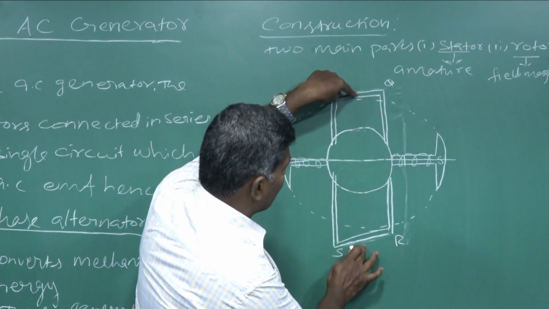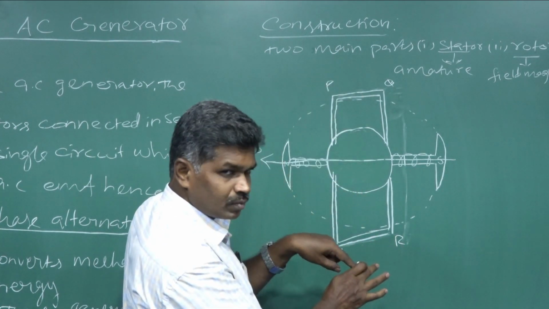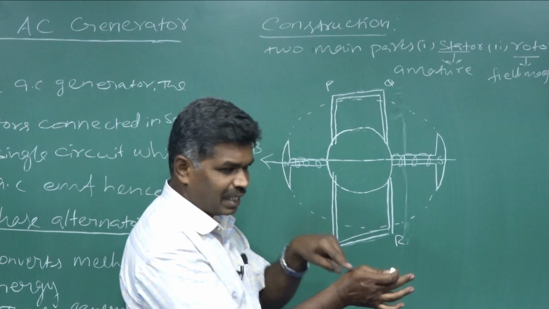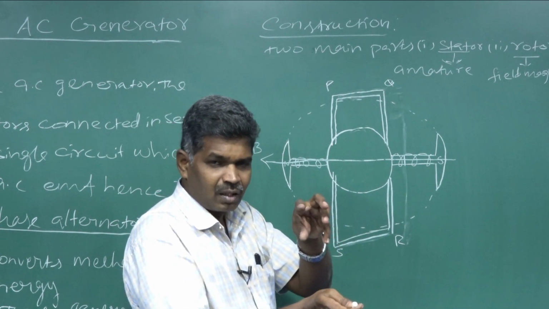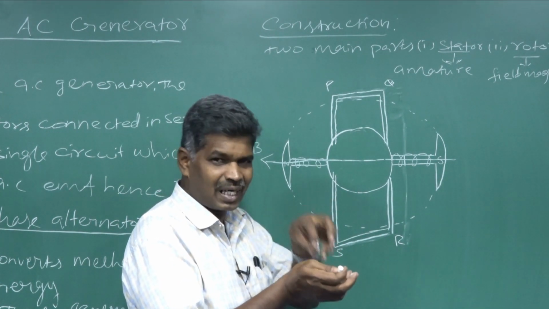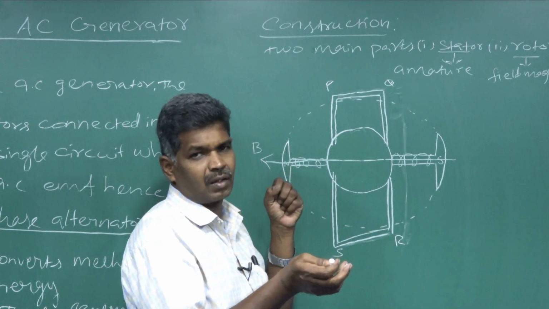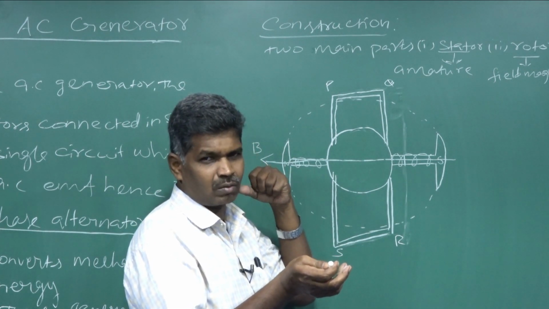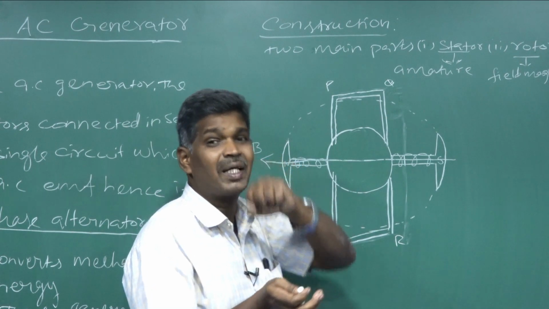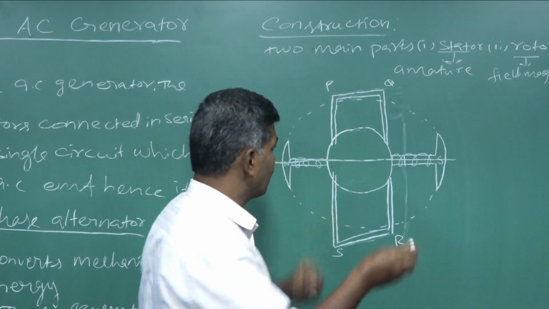These two conductors are connected in series, and if any device is operated, there we have an output. Current should flow in a closed circuit, and there we can develop an EMF.